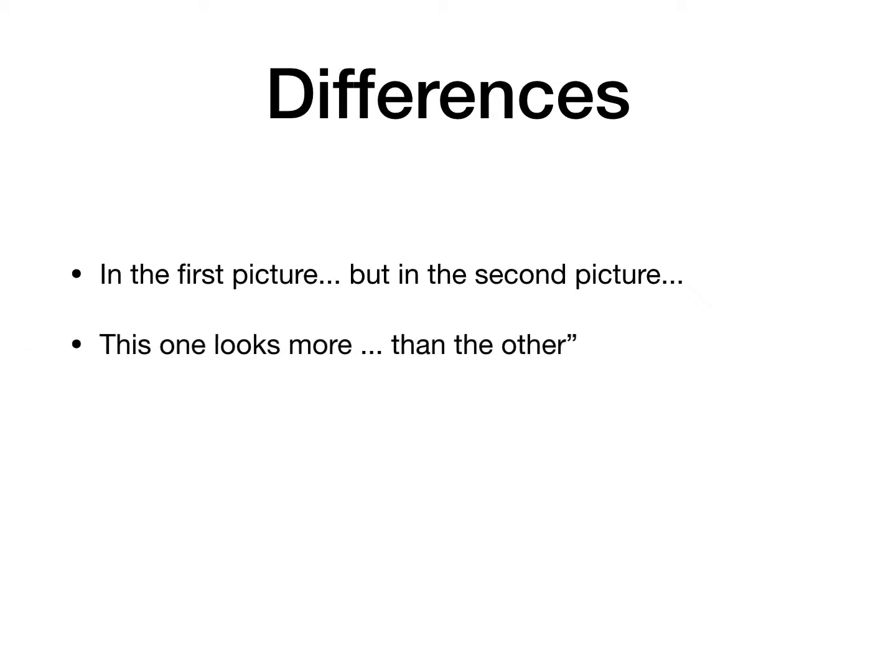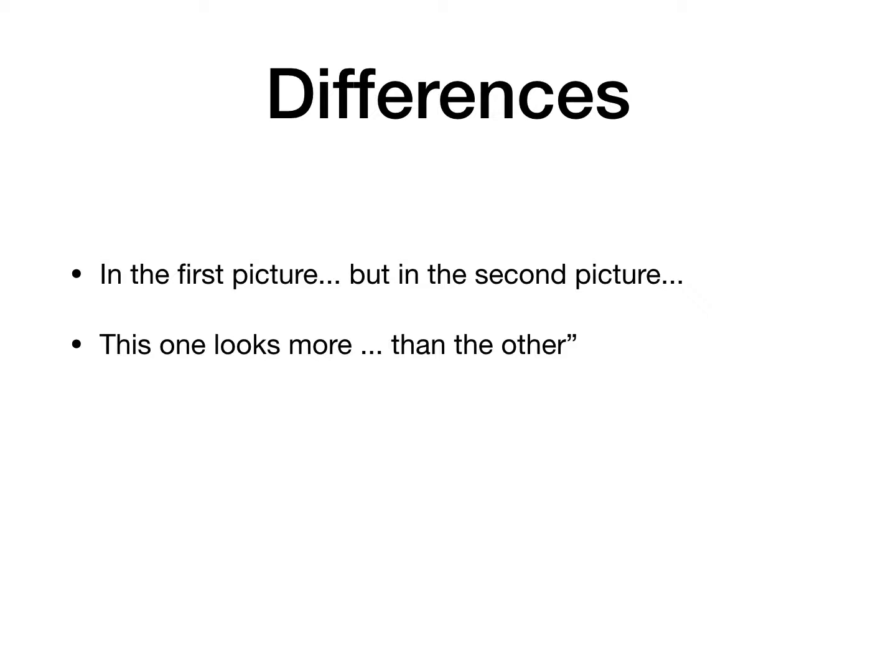So this second phrase is a bit shorter. This one, or this photo, looks more than the other. Or in this picture, it looks more. So we can use this for a much shorter phrase. If we need to save time, highlight the difference. It looks more interesting. It looks more fun than the other.